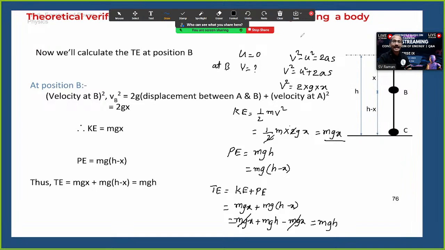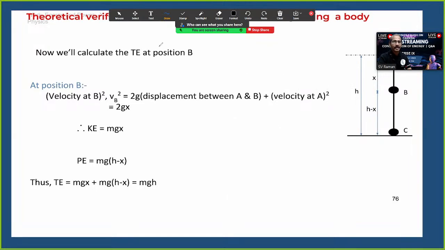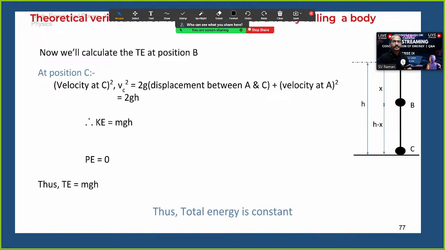Now we will see at point C. In a free fall, for an object at point C, what is the total energy, both kinetic and potential energies? We can see at point C what happens. At point C, we can find out velocity. As you know, initial velocity u is equal to 0. We have to calculate final velocity at point C. As you know, v square minus u square is equal to 2as.